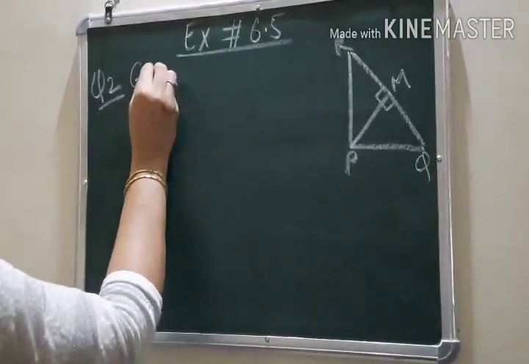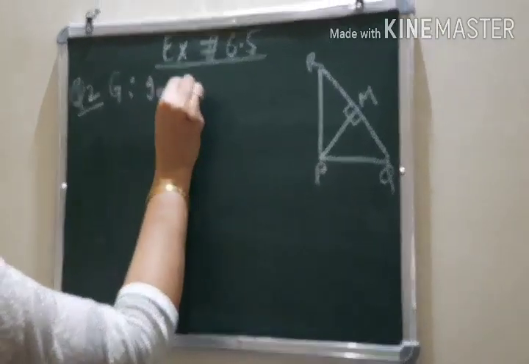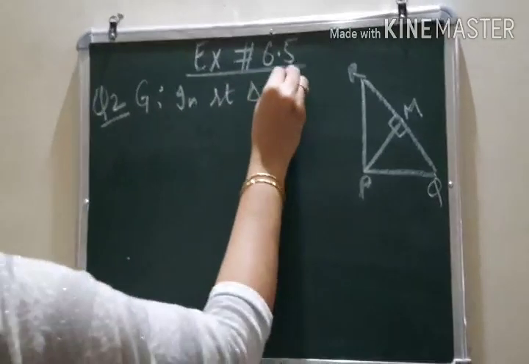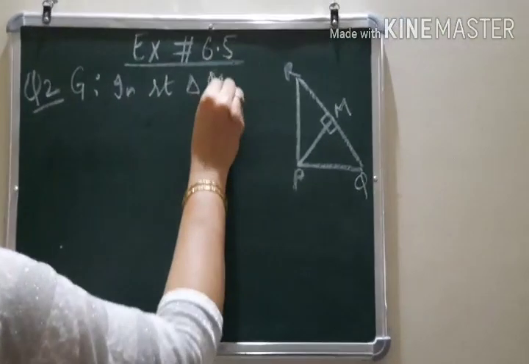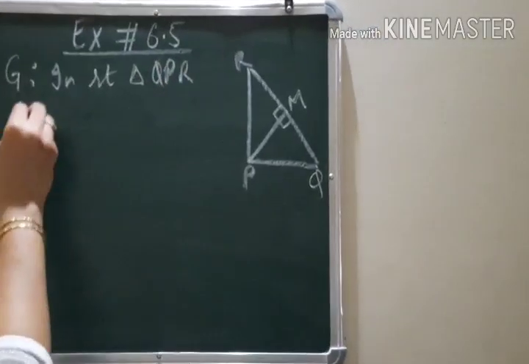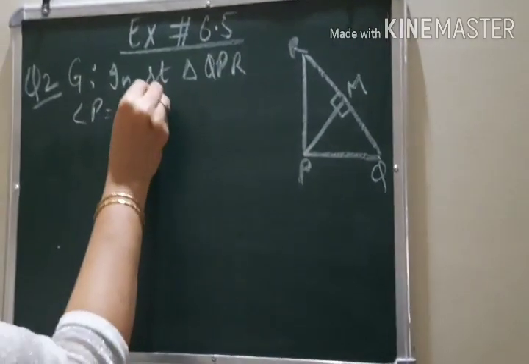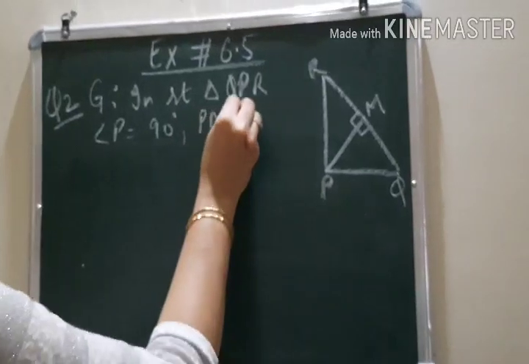Now write given. Given is in right triangle PQR, angle P is 90 degrees and PM is perpendicular to QR.